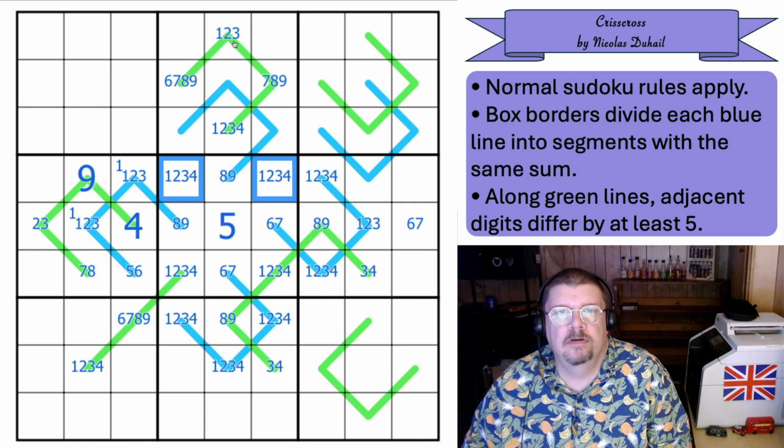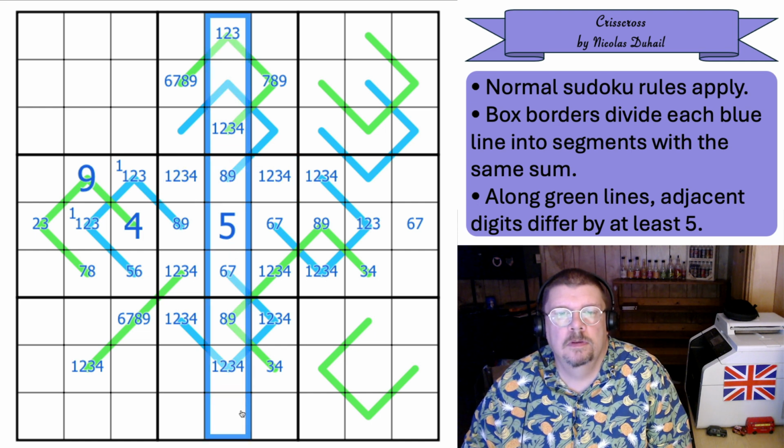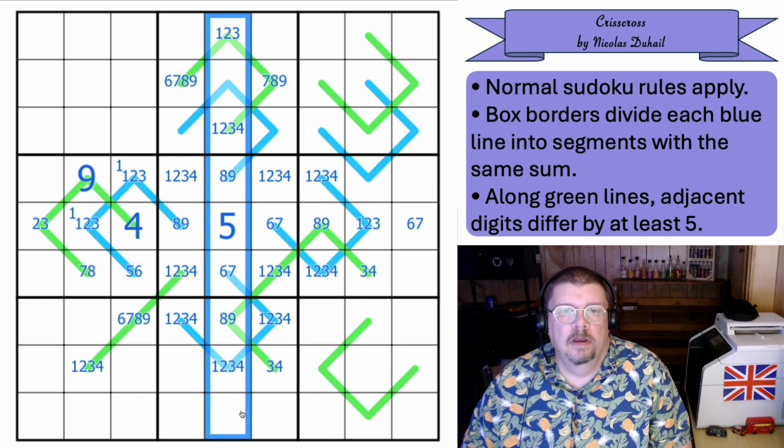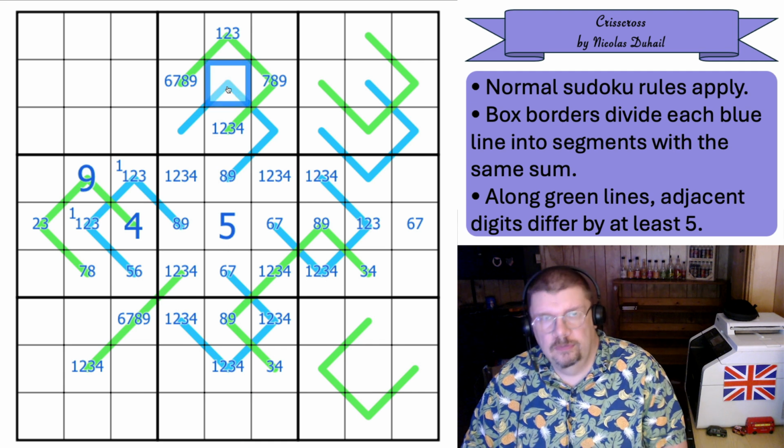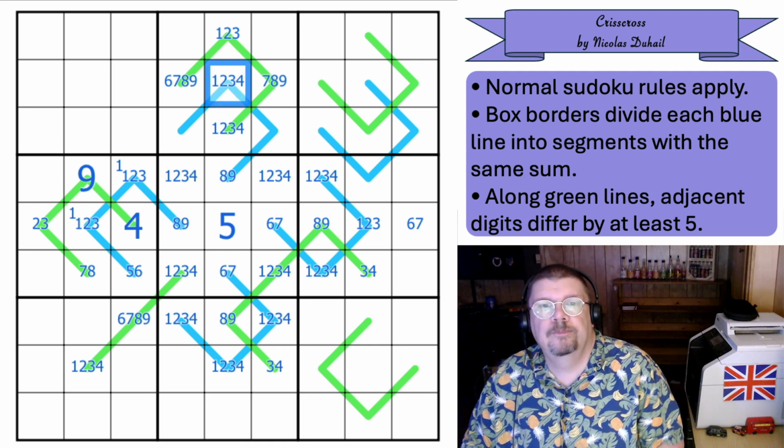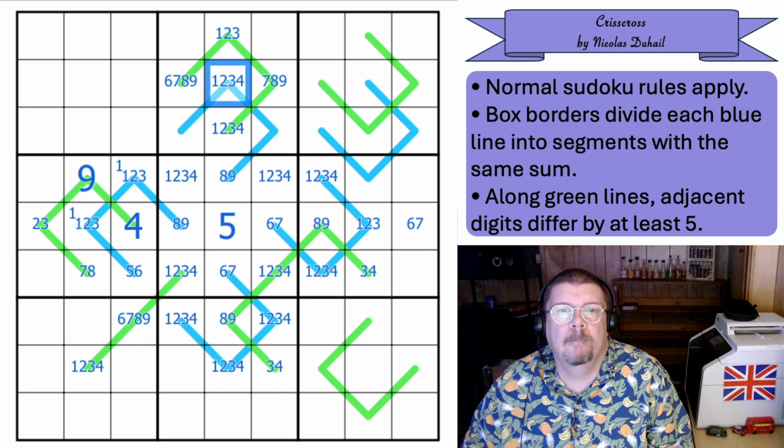Okay, in this column, this can't be a 1, 2, 3, or 4 because I've already got that in the box. So this is a 1, 2, 3, 4. And then that can't be 1, 2, 3, and 4 because I already have that in the column.